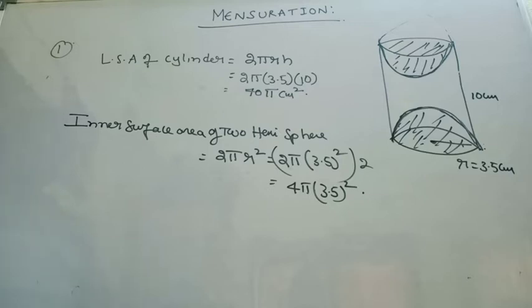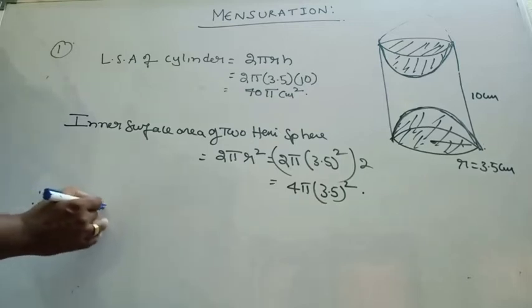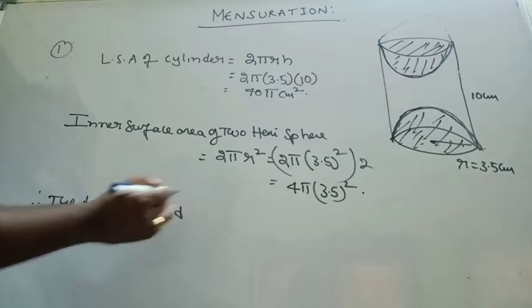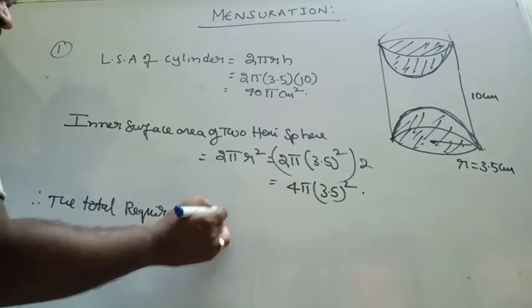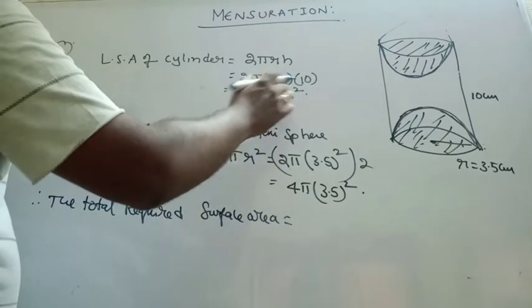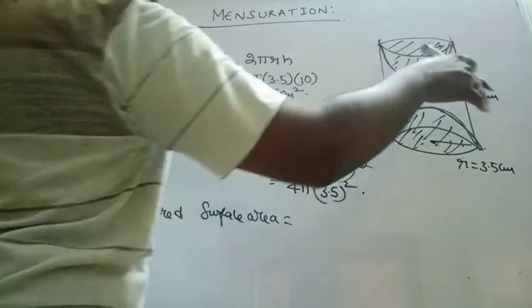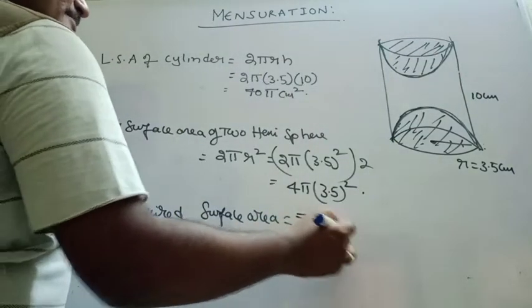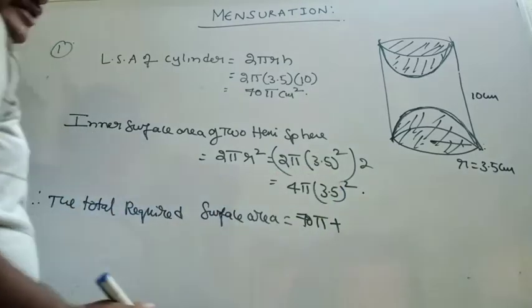Now the total required surface area is nothing but this lateral surface area plus this surface area, that is 70 pi plus 4 pi into 3.5 into 3.5.